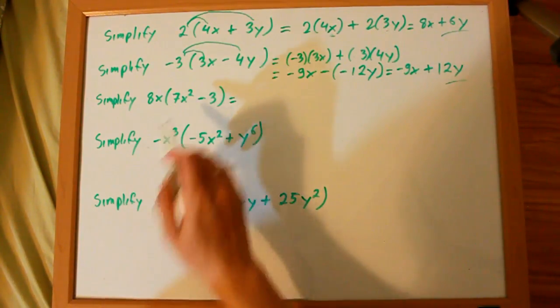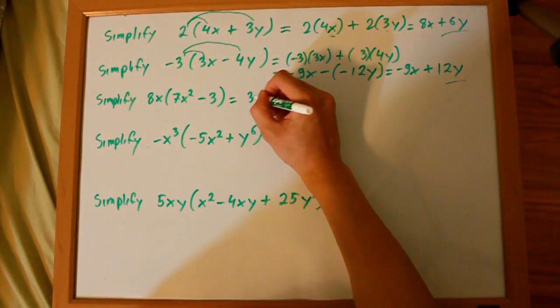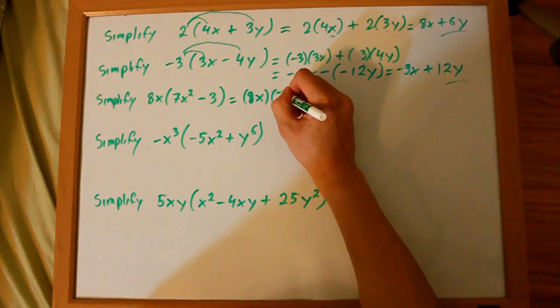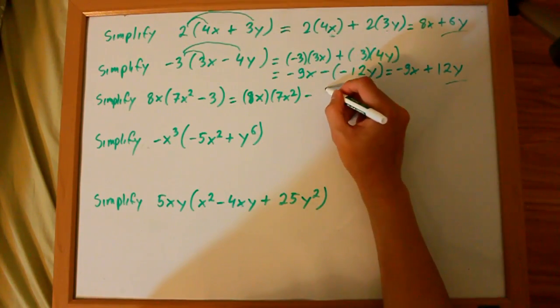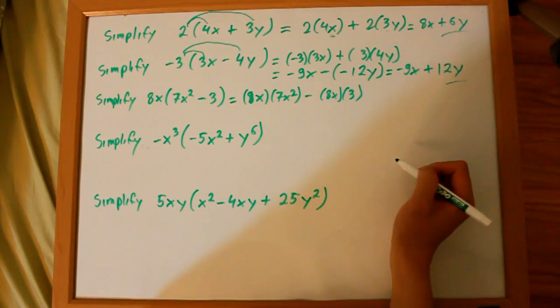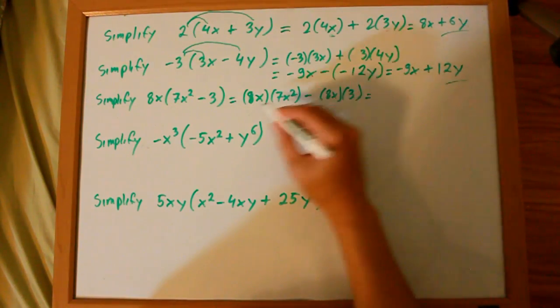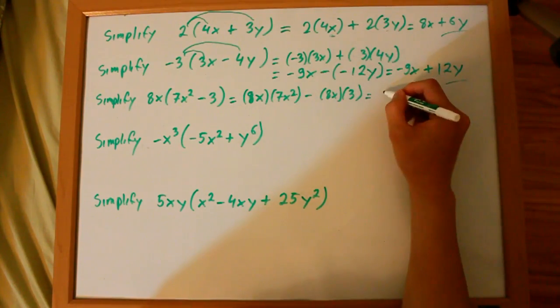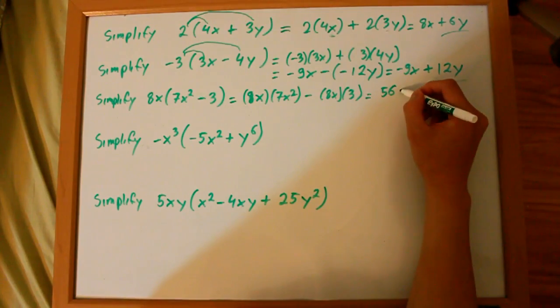8x times 7x squared minus 3. So using the distributive property, 8x times 7x squared minus 8x times 3. Okay, so that equals 8 times 7, 56x, and x squared.